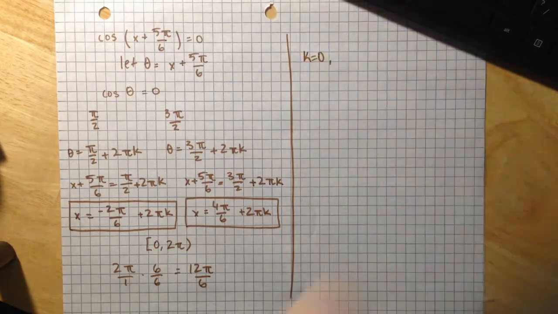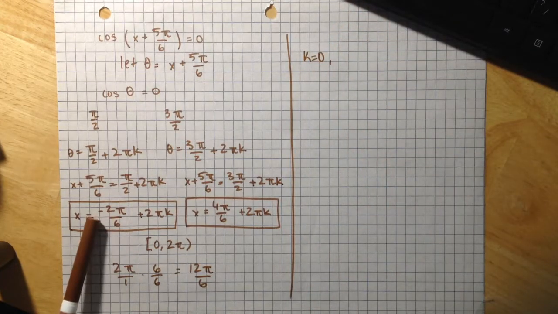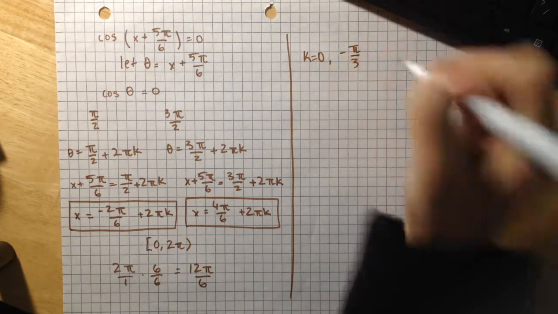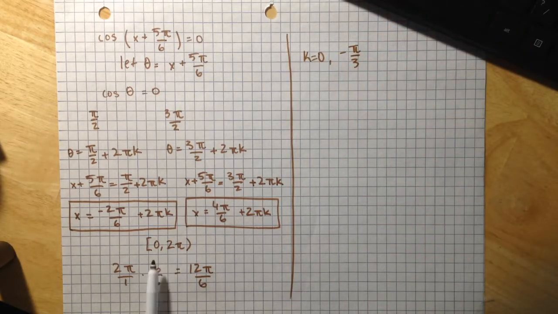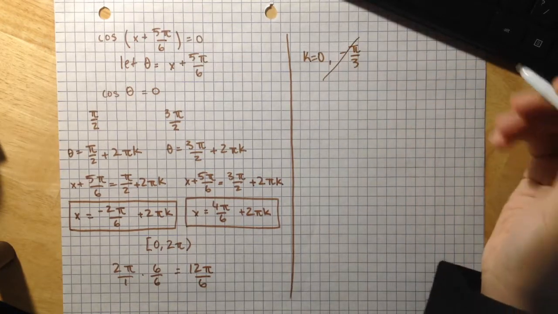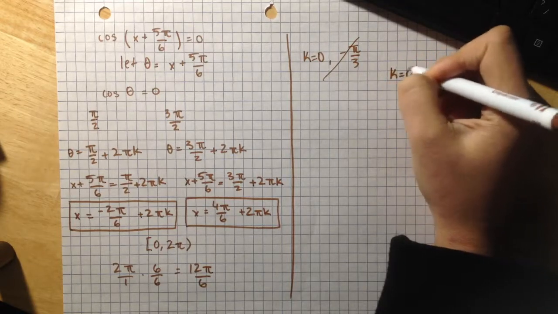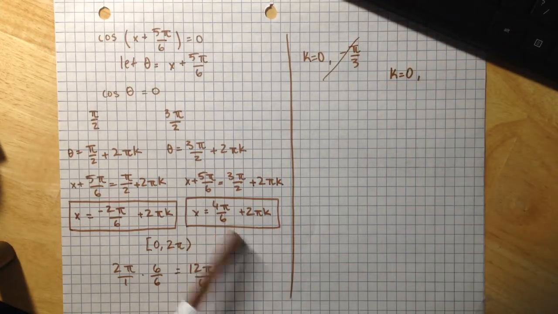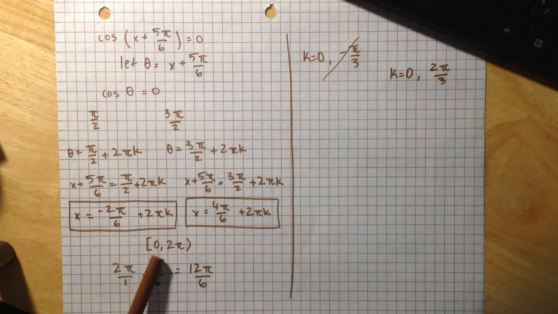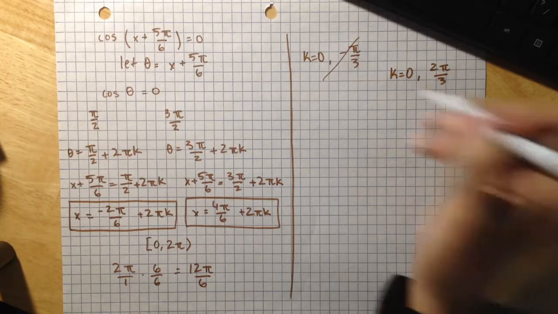If k equals 0 in this equation, our solution is -π/3, which is below 0, so it's not within this interval, so we cannot use this value. And if we substitute k as 0 into this equation, we get 2π/3, which is within this interval. It's on the unit circle, so we can use that value.